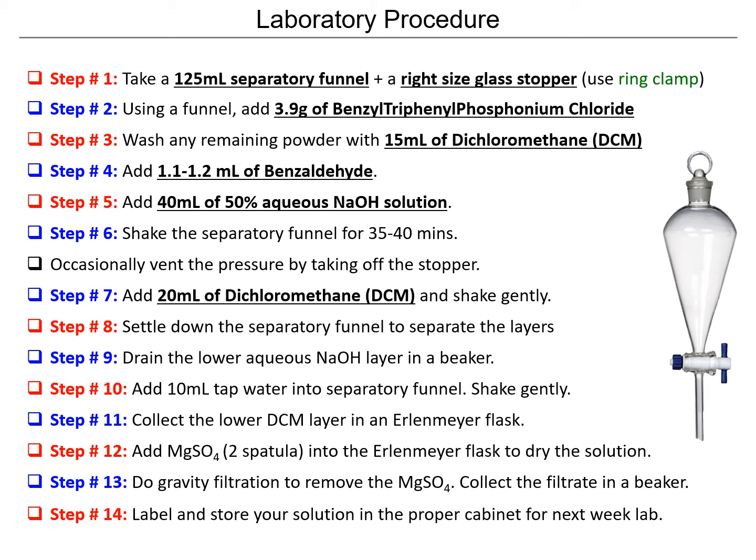We're going to add magnesium sulfate into the Erlenmeyer flask to dry the solution, and then do gravity filtration to remove the magnesium sulfate. Collect the filtrate in a beaker. Label and store your solution in the proper cabinet for next week's lab. Remember, every product in this synthetic strategy is going to be stored unless told otherwise.